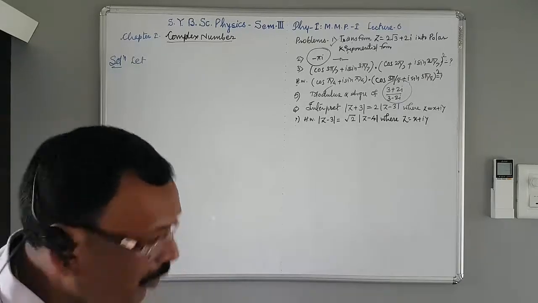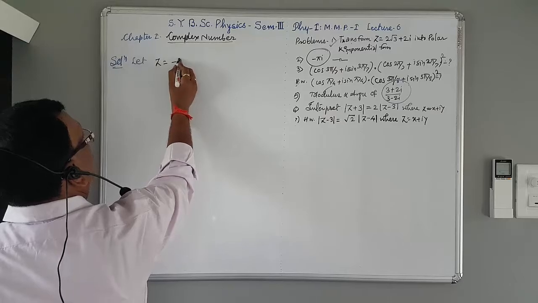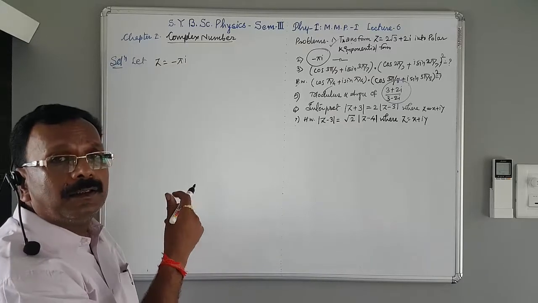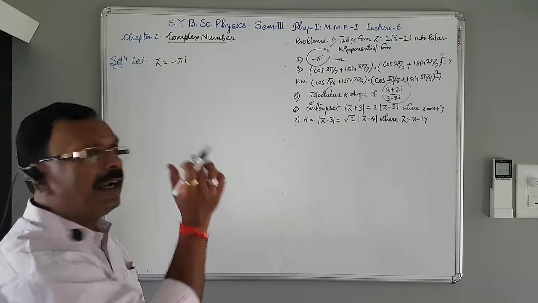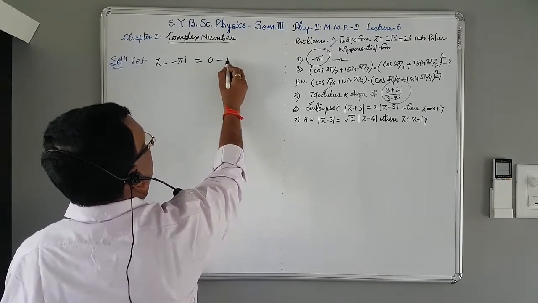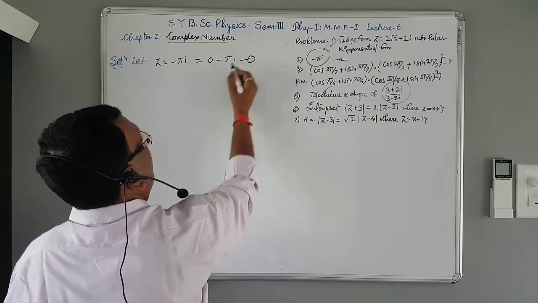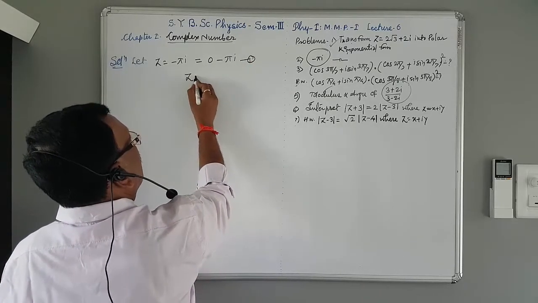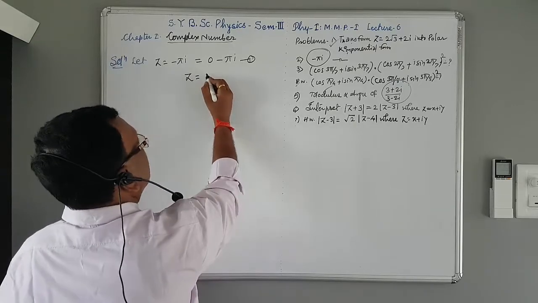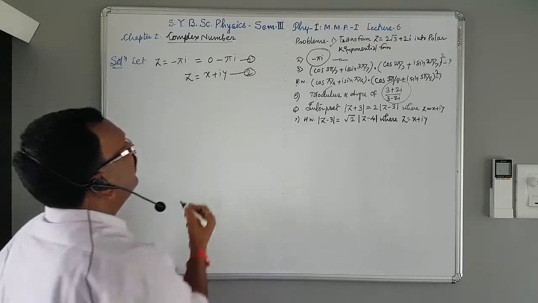In order to solve this problem, let z is equal to minus pi i. Write this number in rectangular form. We have 0 minus pi i. Suppose this is equation 1, and as usual we have the general form of a complex number z is equal to x plus iy. Suppose this is equation 2.